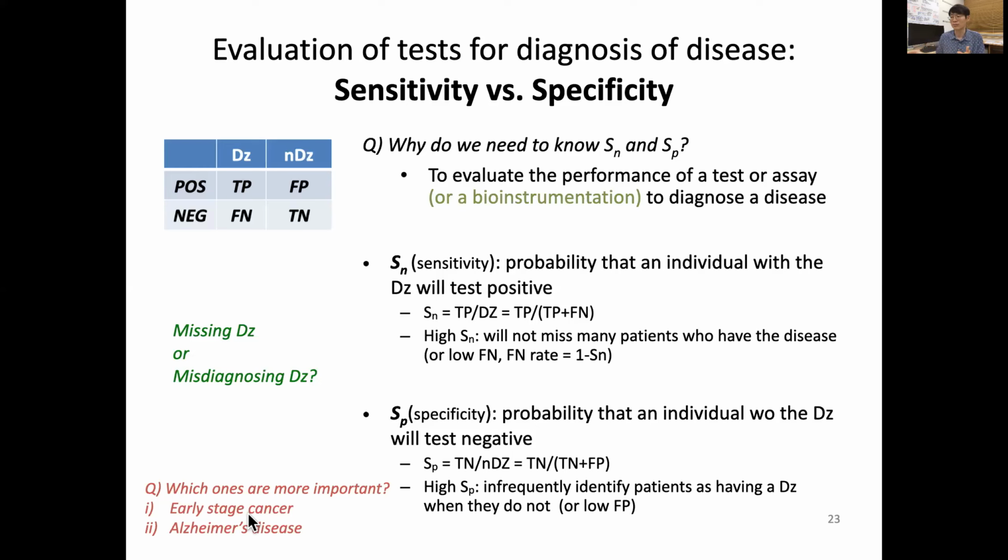It's very important you do not miss the disease, because you can change the course of the disease if you find it at an early stage. So if you have a test to diagnose early stage cancer, you make sure you have a high sensitivity.